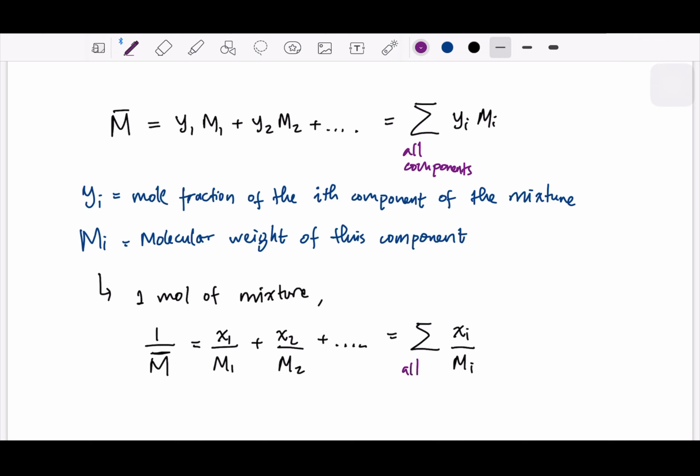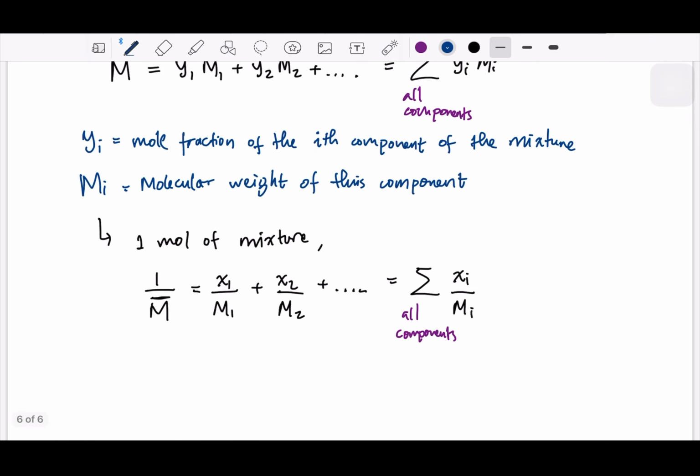This also denotes all components. And let me just write here that the x means the mass fraction. Okay.